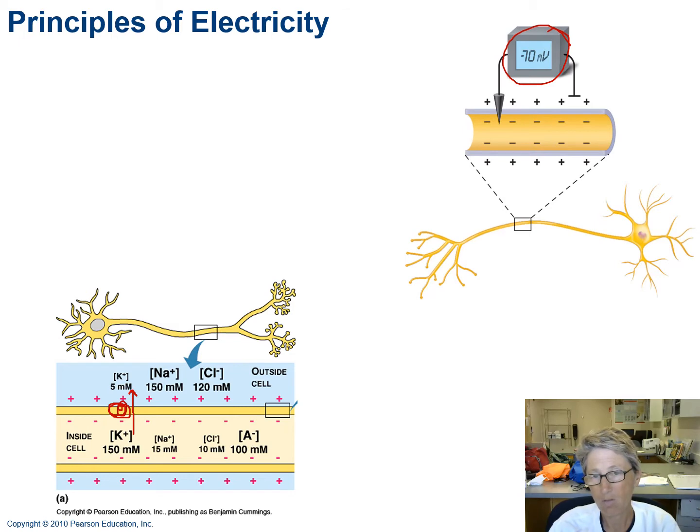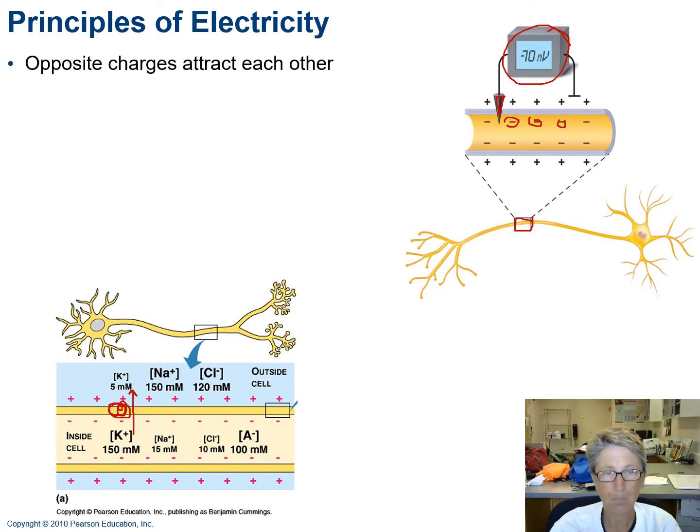So here's an electrode taking that reading from the middle of the axon of the neuron. And because there's more negative charges on the inside of the cell than the outside, this resting membrane potential of this axon's neuron reads minus 70 millivolts.